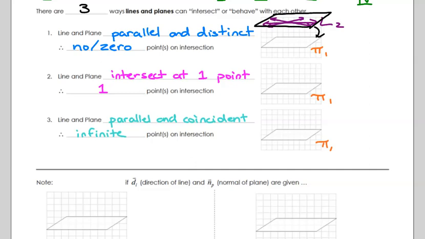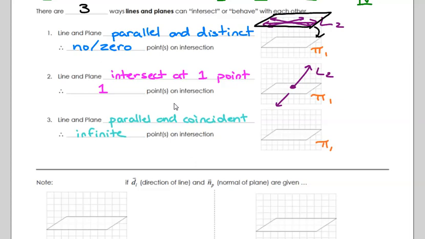Okay, now in the second case, it's probably something that you thought of, where you have a line and it will touch your plane once because it'll continue through. Okay, so it pierces through that other plane, and so your point of intersection is 1, and you would have to find that point right there.